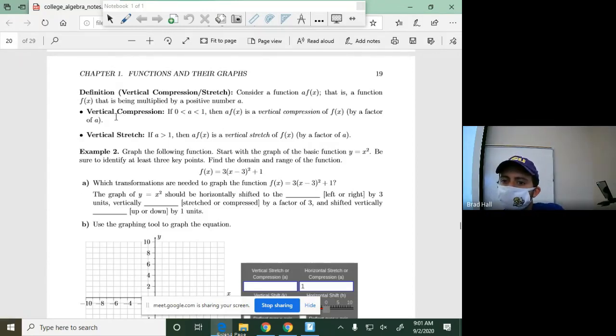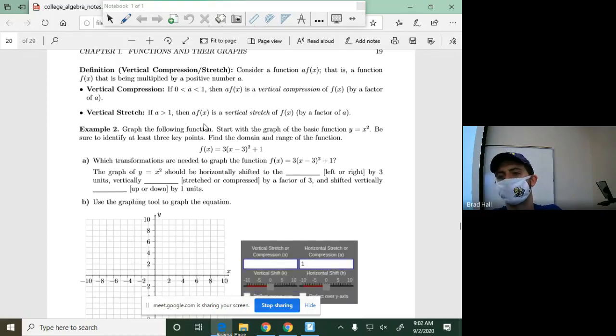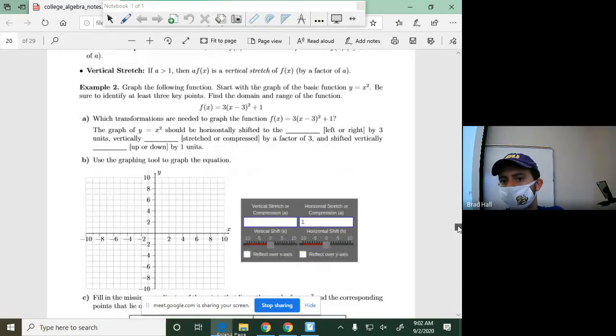Well, generally, a compression, the way the problem works itself out, you don't have to know the difference between compression and stretch. It doesn't ever put you in that position. I want to foreshadow a little bit.